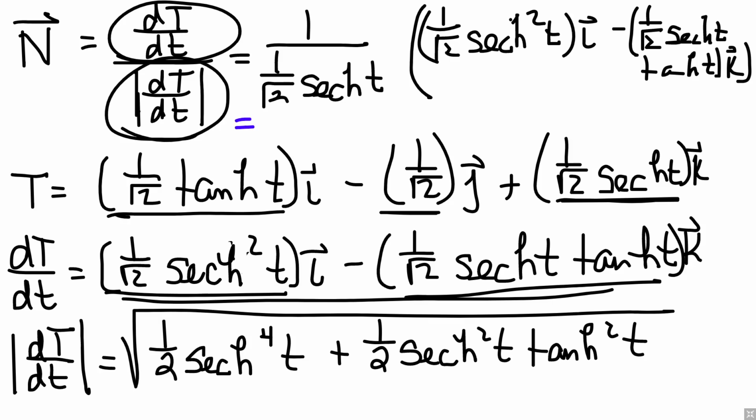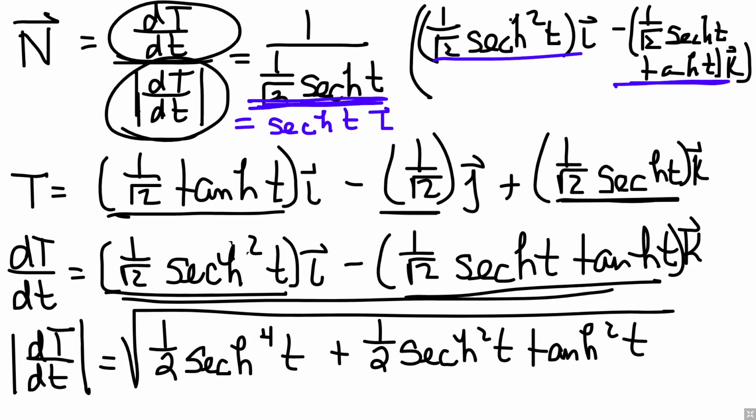So when we multiply this out, when I take this times this, what will I have left over? Secant hyperbolic t, right, in the i direction. And then when I take this expression times this, what do I have left?